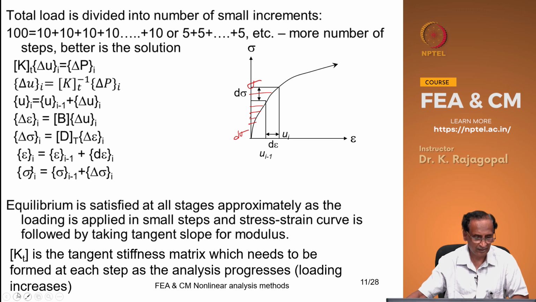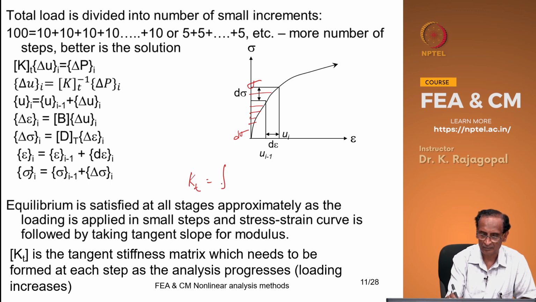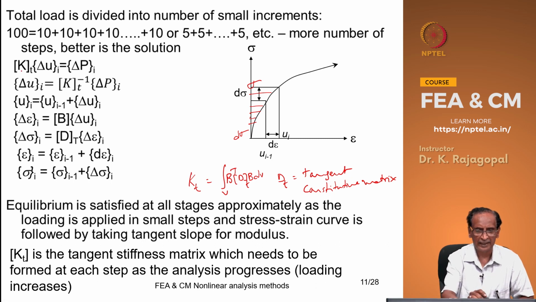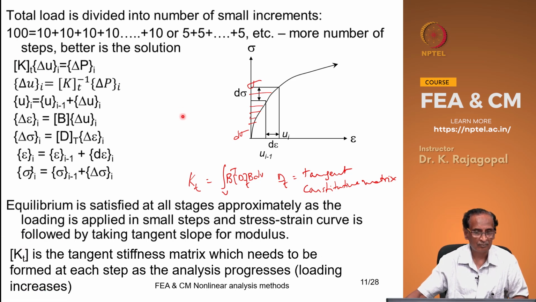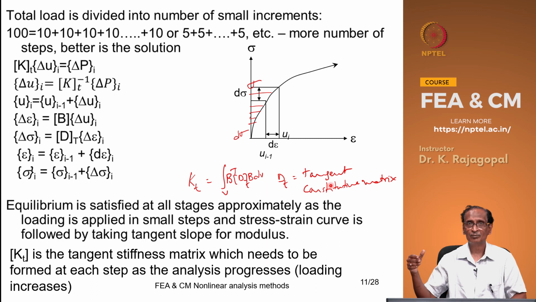So, our Kt is the tangent stiffness matrix, and that is written as integral B transpose Dt B dV, where Dt is the tangent constitutive matrix, and that is updated every step based on the current Young's modulus.